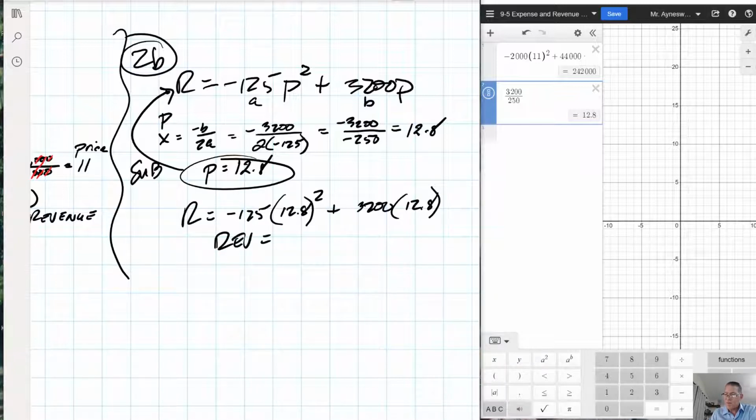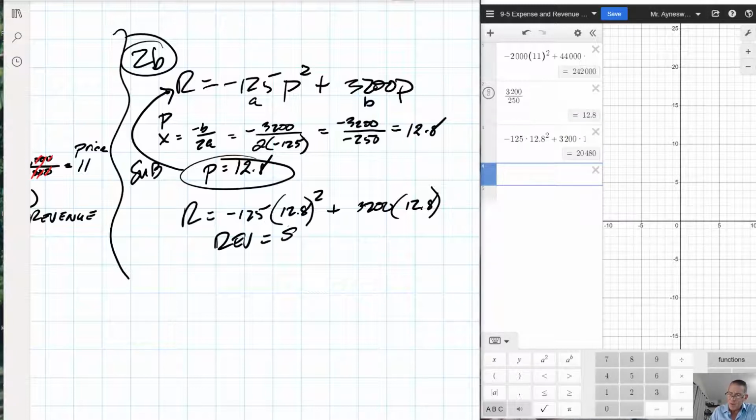So negative 125 times 12.8 squared plus 3,200 times 12.8. And then you get 20,480. So the revenue is $20,480 if the price is set at $12.80, okay?